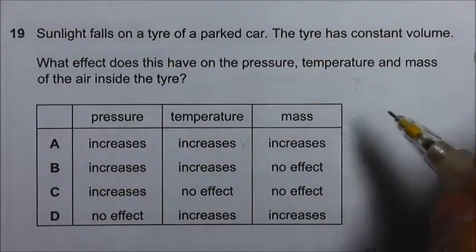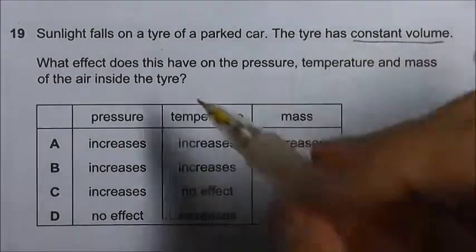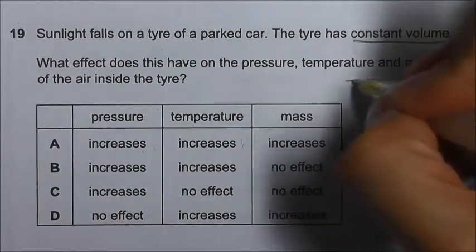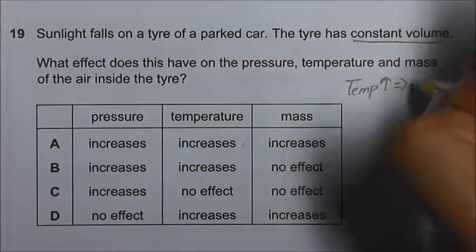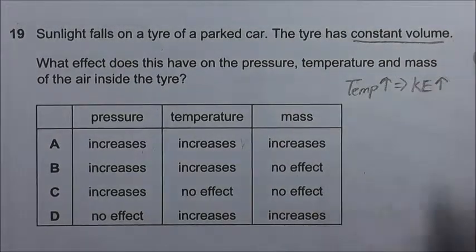Okay, we have to understand that the volume is constant. Next, when the sunlight falls on the tire, the temperature of the air is going to increase, and this will cause the kinetic energy of the air particles to increase. So now the air particles are moving with a higher speed.